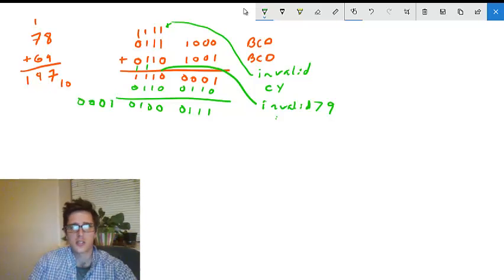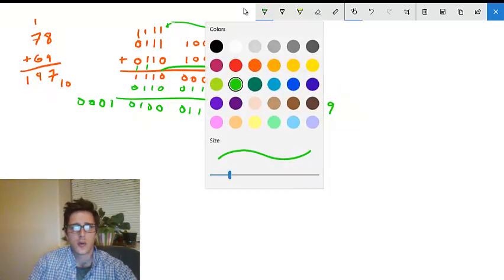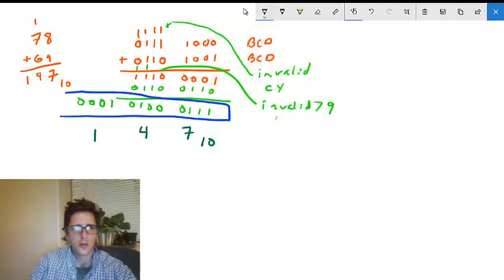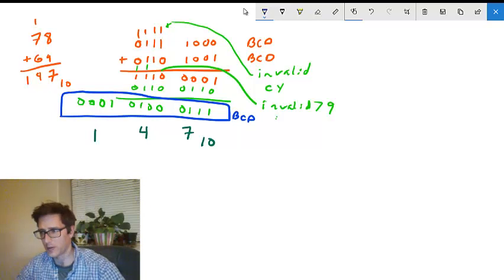And that actually makes sense if we think about it, because this is a 1, this is a 4, and this is a 7. And that is our decimal number. If we go ahead and look at this right here, this is in BCD.